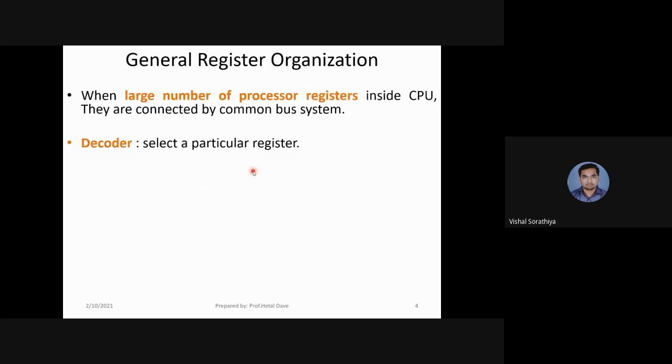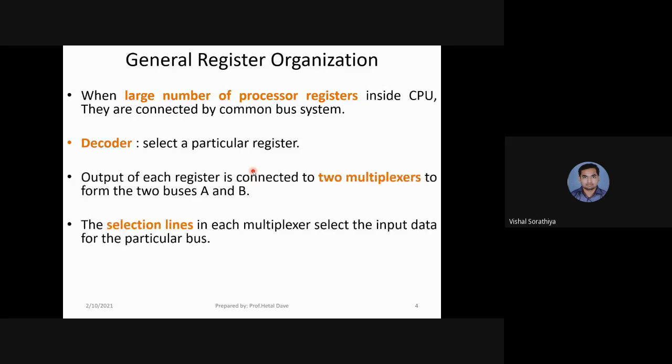The general register organization, if we talk about this particular topic. In general register organization, when a larger number of processor registers are inside the CPU, they are connected as a common bus system. If there are lots of registers, like IR and others, all are going to be connected with the common bus system.